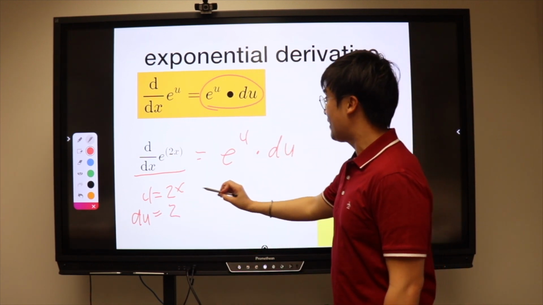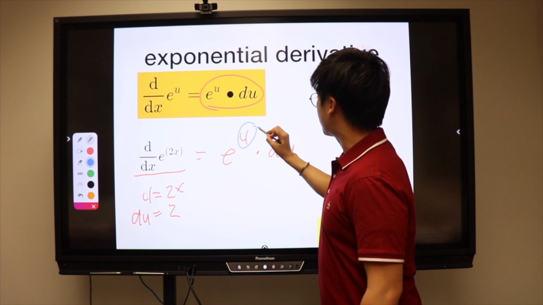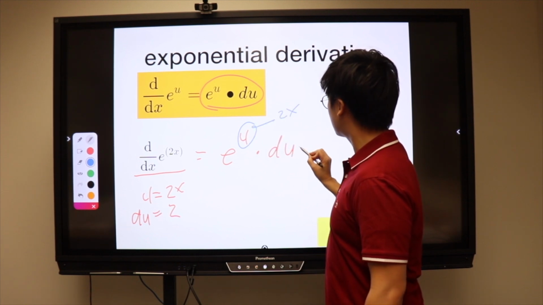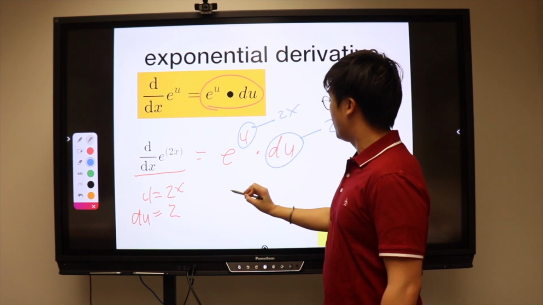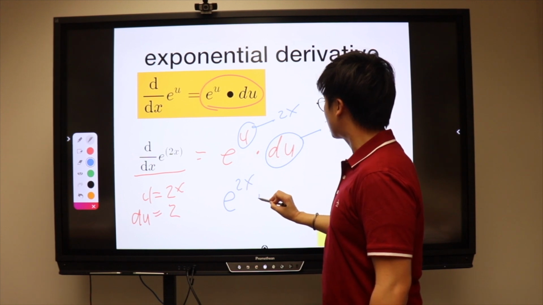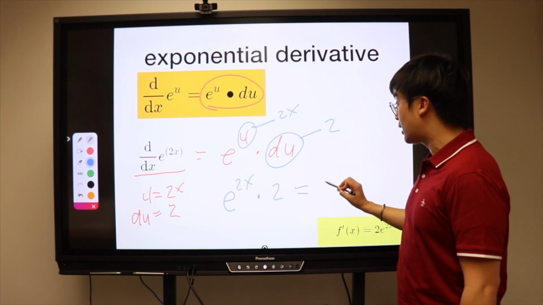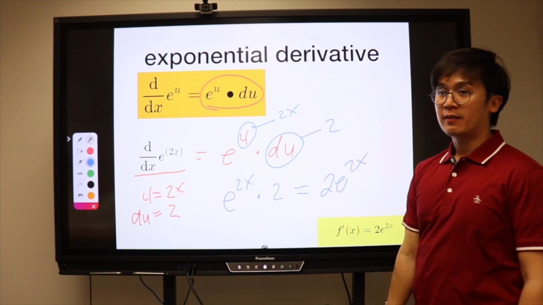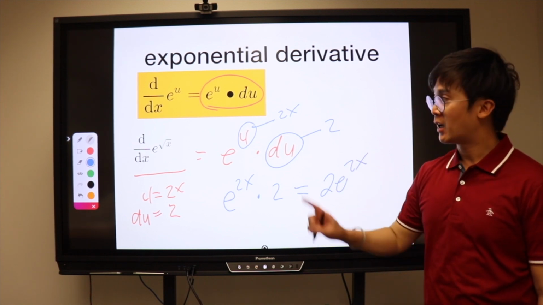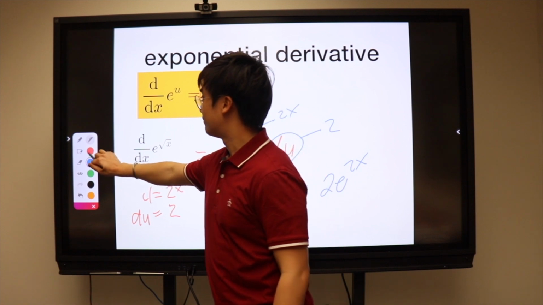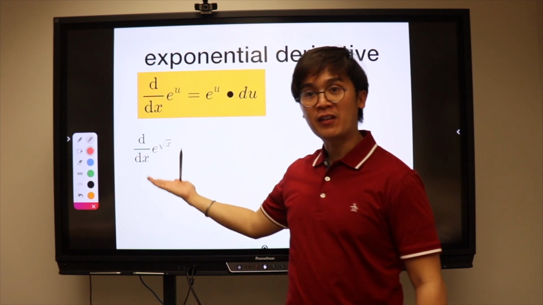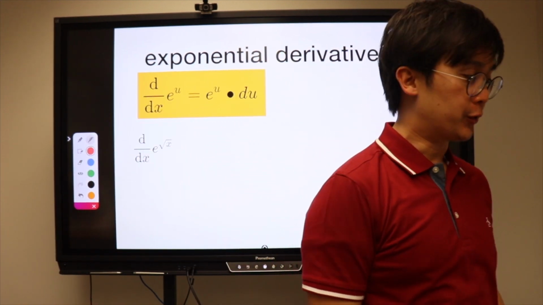And plug it in. This will turn into 2x, and this will turn into 2. So now you have e to the 2x times 2, and that is your derivative. But if you want to make it pretty, that is your derivative on your own. See if you can follow what I have instructed you to do.